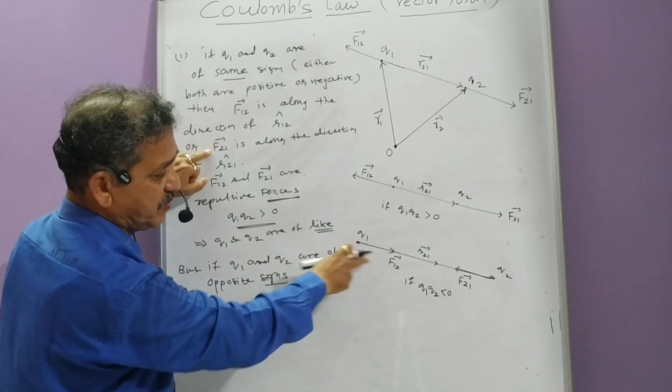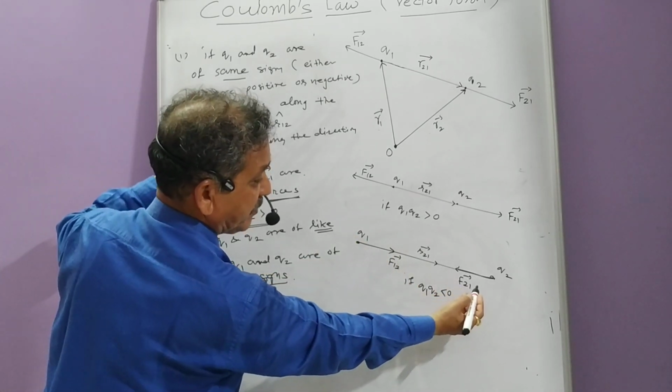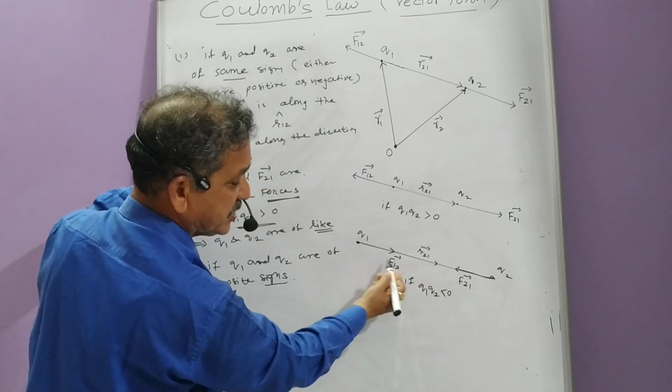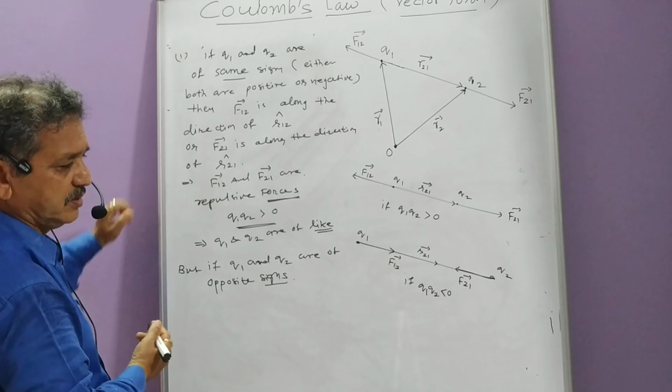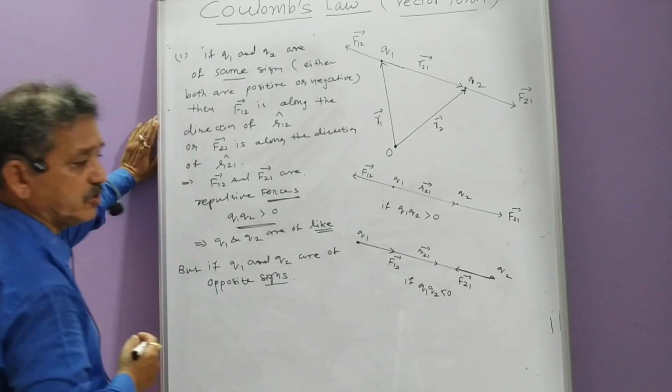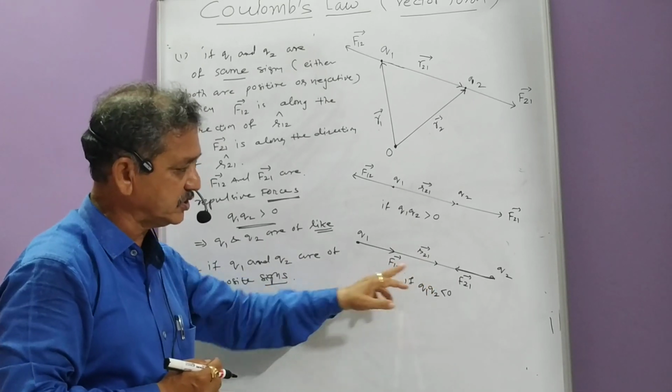And at the same time F12 will also be reversed, and as they are reversed, they are coming towards each other. So this kind of force is an attractive force.